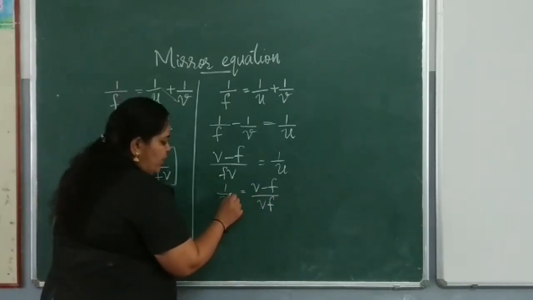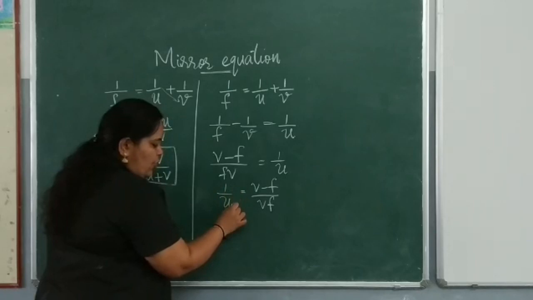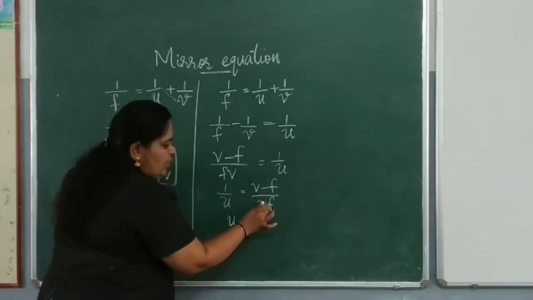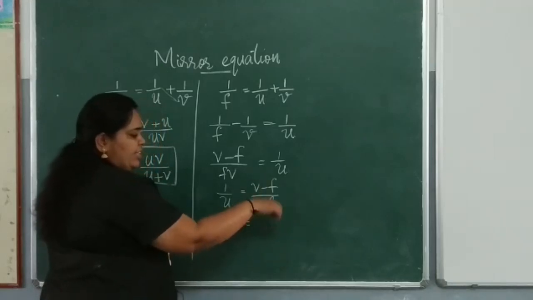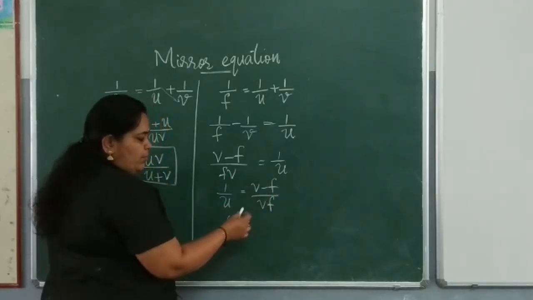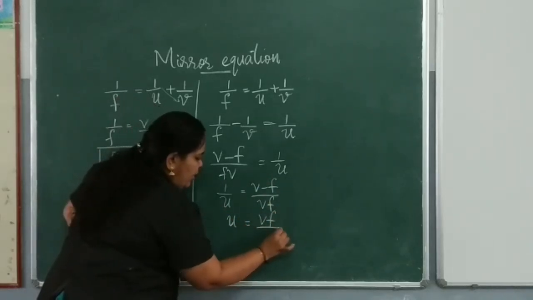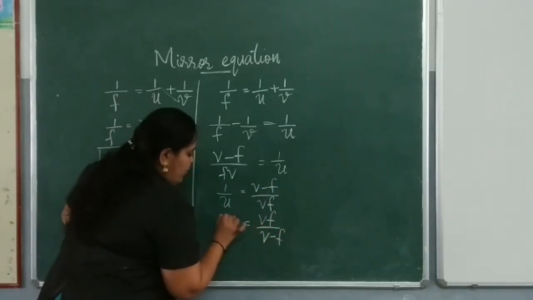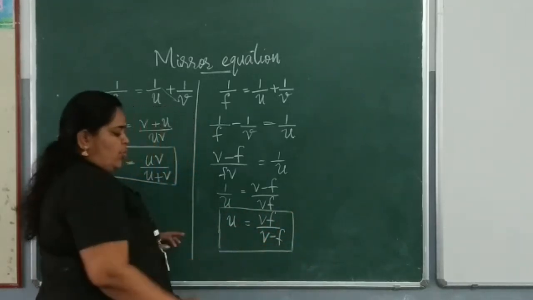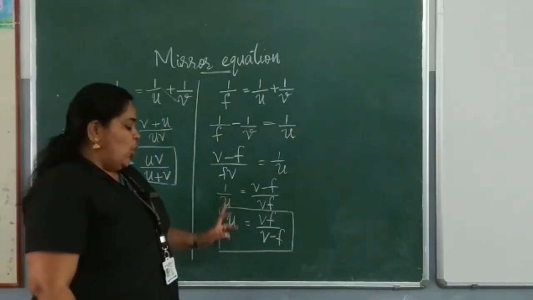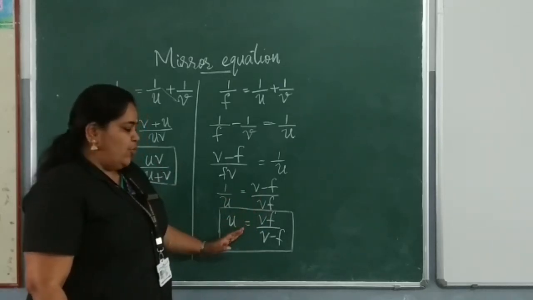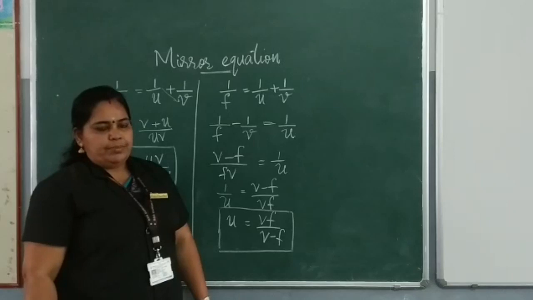So next we can find out the reciprocal. What is the reciprocal of 1 by u? u by 1, isn't it? So u is equal to, find out the reciprocal of the right hand side also. ഈ ഭാഗത്തിന്റെയും reciprocal കണ്ടുപിടിക്കുക. എന്താവും? vf by v minus f. So this is a formula to find out u. So what is u? The distance of the object to the mirror. So you can find out the value of u using this equation.